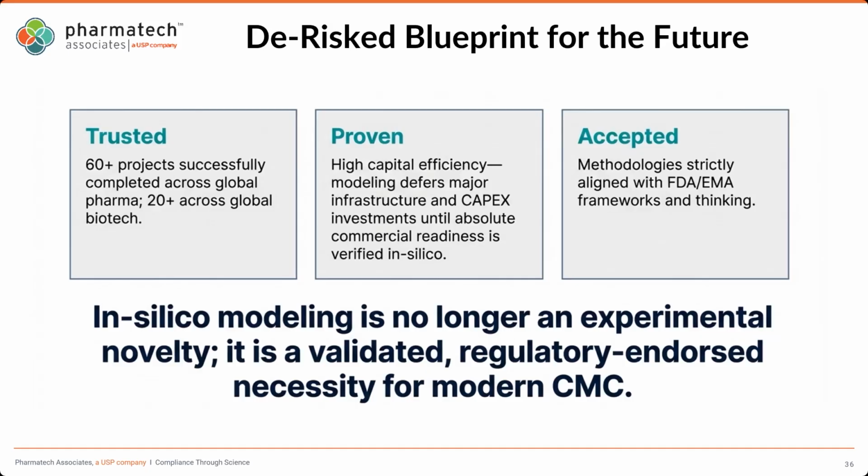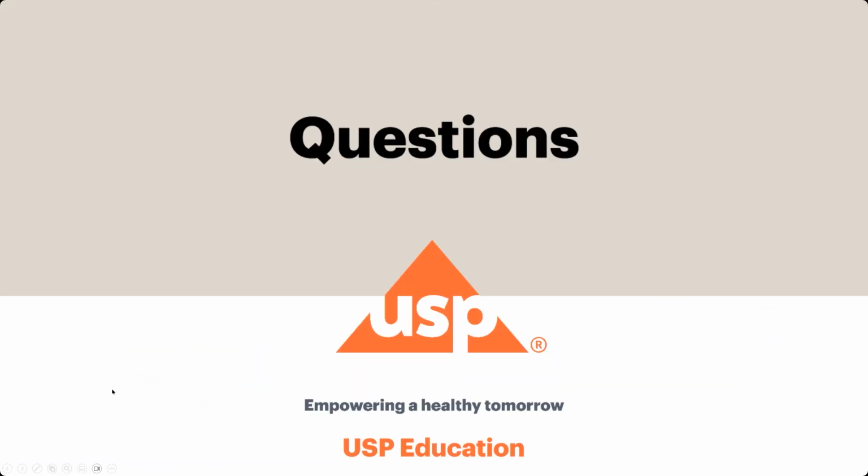The insight and speed and confidence you can build from in silico will put you in a much better position to have a robust CMC argument for your module 3. With that, we can move to questions then.